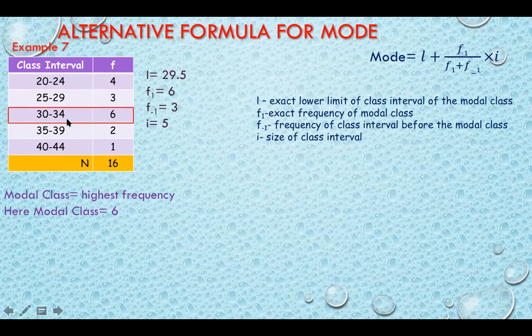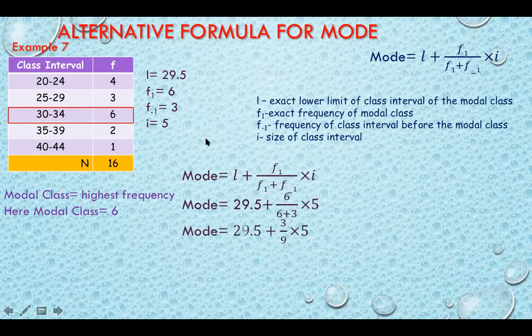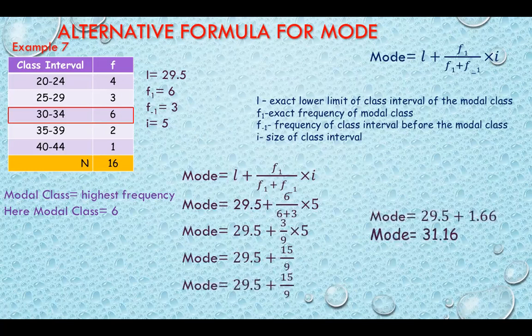Now the lower limit of this class interval is 29.5, and the exact frequency of this class interval is 6, and the frequency before this class interval is 3, and the difference between the two class lower limits is 5. Substitute these values in this formula and you will get the mode. Mode will be equal to 31.16, which falls in this class interval.